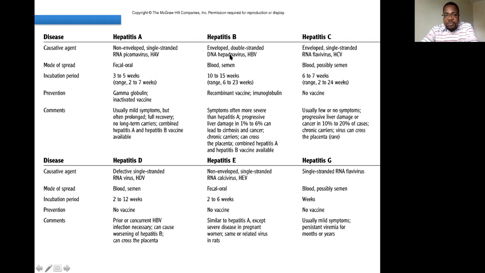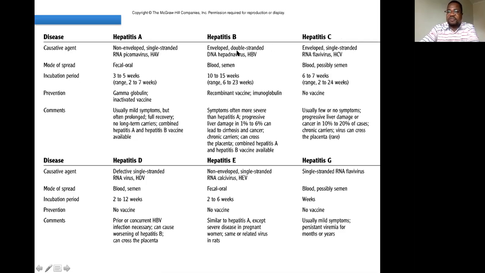Now, hepatitis B is an enveloped virus. There is a difference. A and E are non-enveloped. So B is an enveloped virus. It is a double-stranded DNA virus that belongs to the family of hepadnavirus. But C is also an enveloped virus, but it is a single-stranded RNA virus.